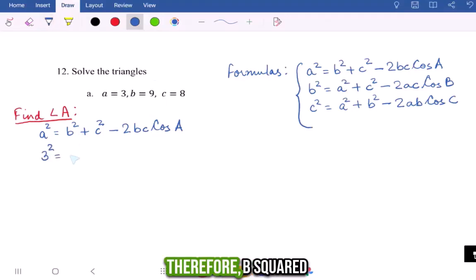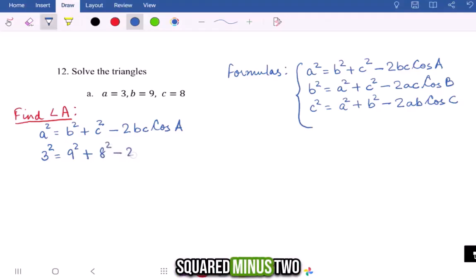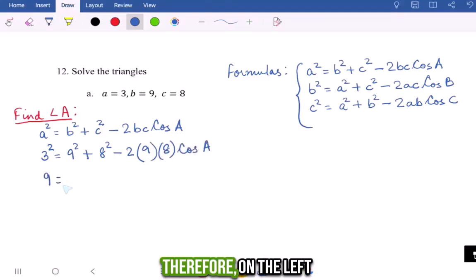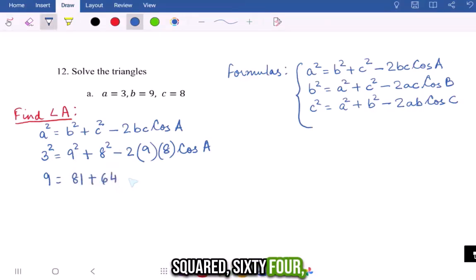B is 9, therefore b squared would be 9 squared, plus c is 8, therefore 8 squared, minus 2 times b is 9, c is 8, cos of a. Therefore, on the left-hand side, we have 3 squared is 9, 9 squared is 81, plus 8 squared 64, minus 2 times 9 times 8 is 144, cos of a.